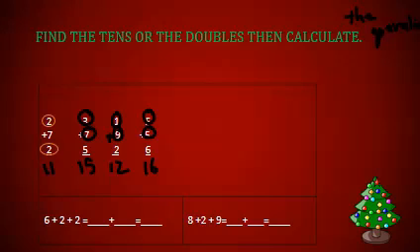We have to circle the doubles, which are 2 and 2. So we have to put 6 plus 4 equal 10. 8 plus 2 plus 9. We have to circle 8 and 2 because they are equal to 10. Then we have to put 9. 10 plus 9 are equal to 19. Good.